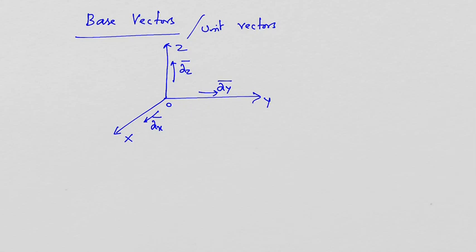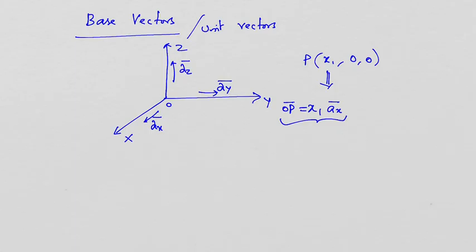For example, when I have a point P with the coordinates x1, 0, 0, this will be a point on the x-axis. Obviously, because the y component is 0 and the z component is 0, x is equal to x1. It can be represented by a vector. How to represent this as a vector? Joining the origin to this point, x1 aX is the notation to indicate the vector OP.